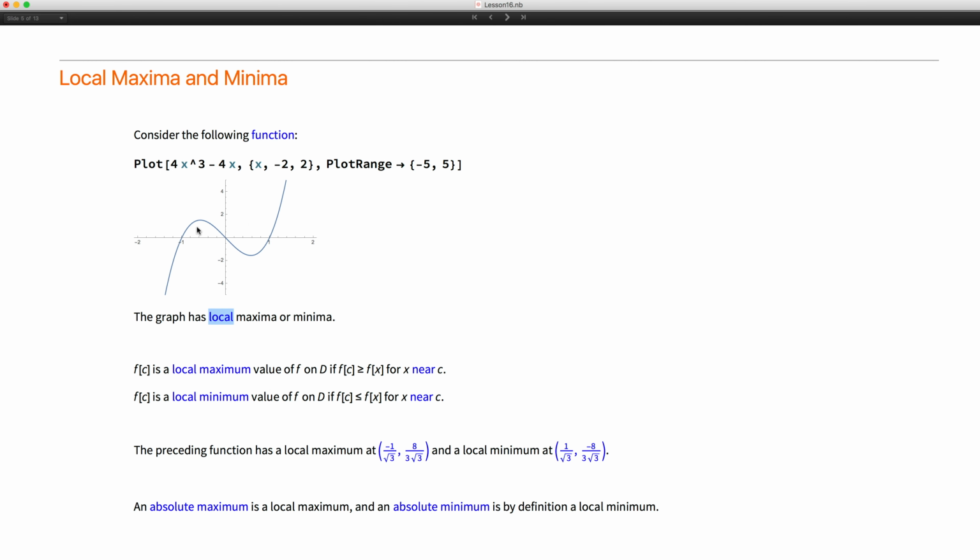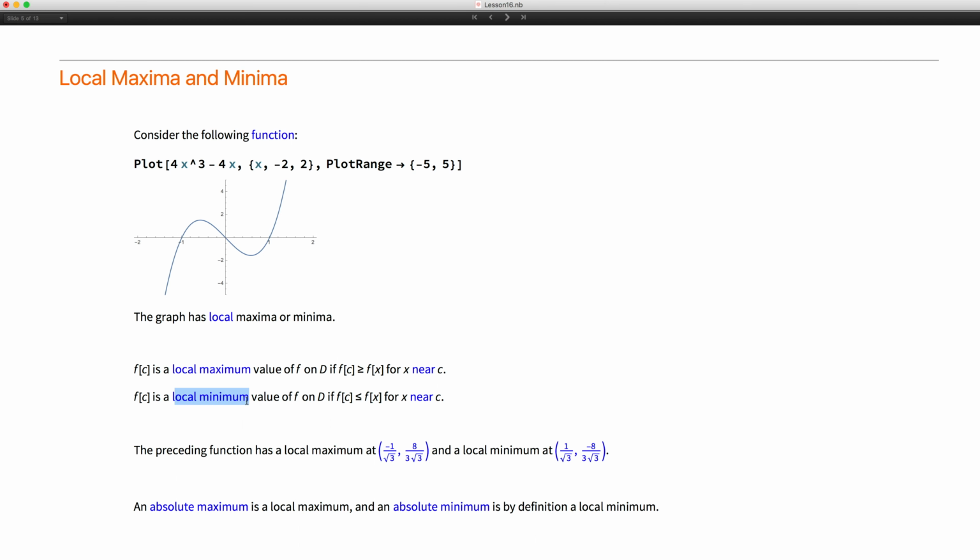That's a local maximum over here, and that's a local minimum over there. But if you go far enough away, the values will go up or down dramatically. The idea of a local maximum is that you have a value f of c which is more than other values for x near c, and similarly for a local minimum.